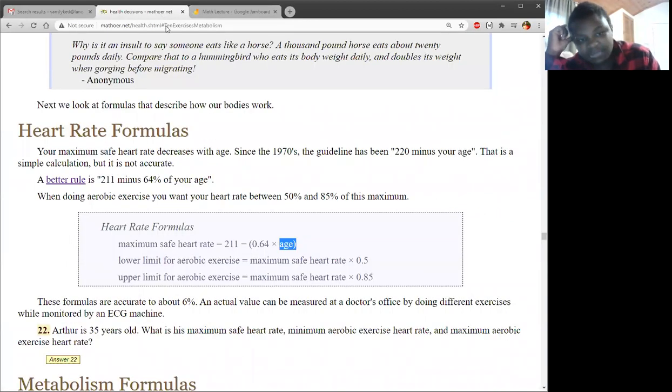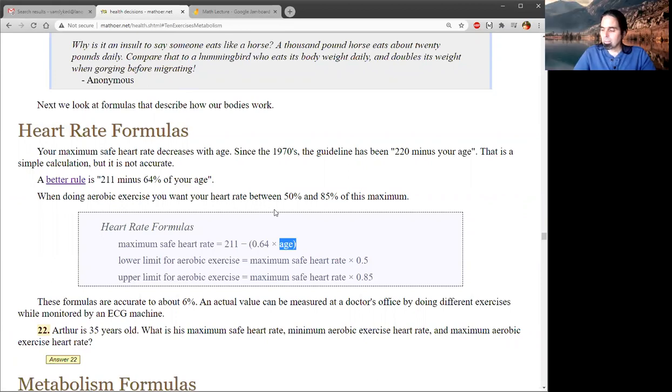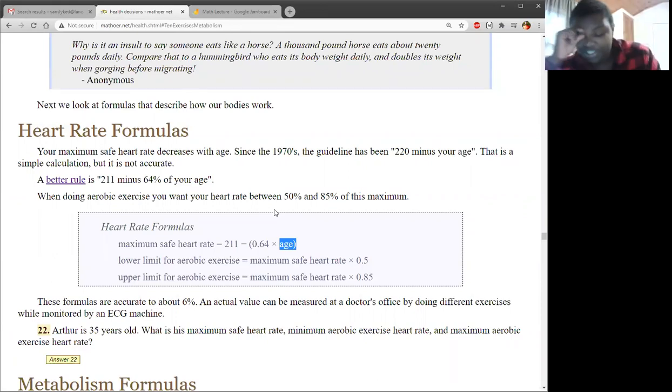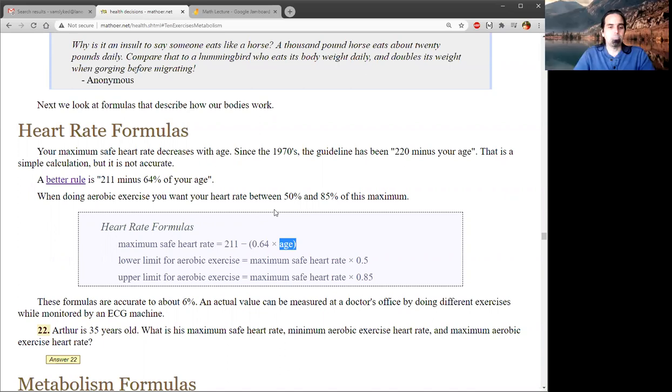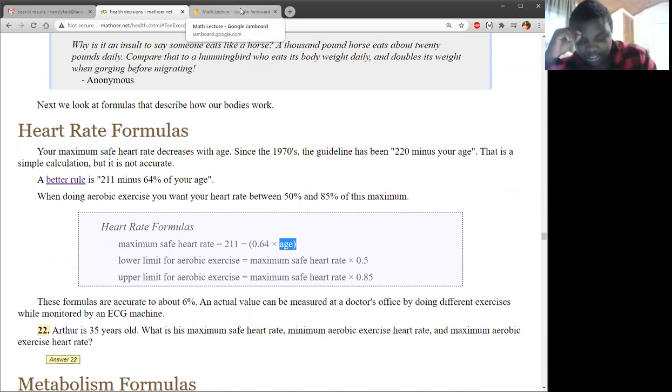So for the safe heartbeat maximum for the first one, I got 159.8. I did the 211 minus 0.64, so 64% times her age, 80. So I got 109.8, so pretty much 160. For the lower limit for aerobic exercise, I got 159.8 times 0.5, which equals 79.9, which is pretty much 80.